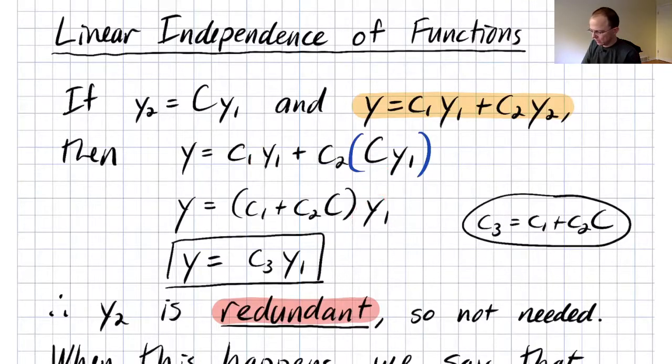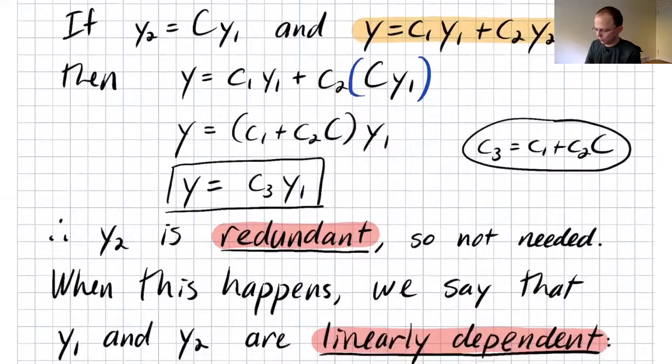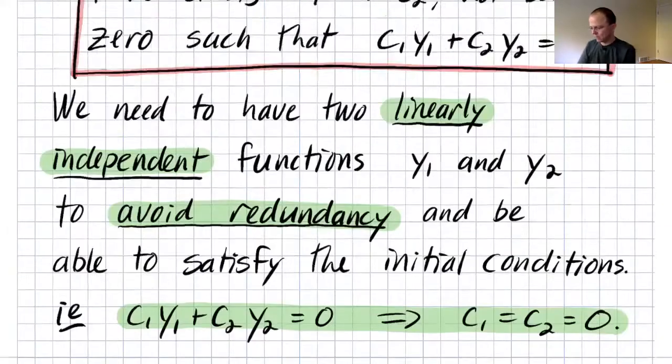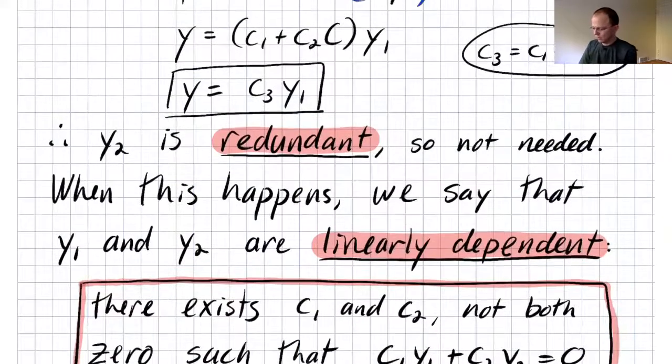If you factor out this common y1 term, then we end up getting just a constant times y1. So then why did we introduce y2? It doesn't make any sense. In fact, I can just replace this with another constant and we just get y is equal to C3 y1. So really y2 doesn't contribute anything. So y2 is a redundant function.